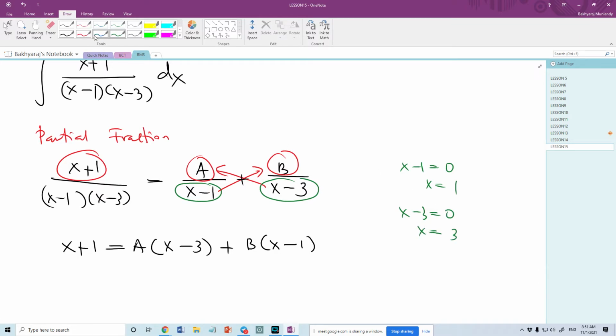So maksudnya kita mau ganti 1 dan 3 lah. These are the suitable value that you put, you get straight to 0. Inilah paling senang. Okay, this is the way you can identify what value is very suitable to substitute there. So of course you get 0, the A, B easily eliminated. So nak cepat, inilah cara dia.